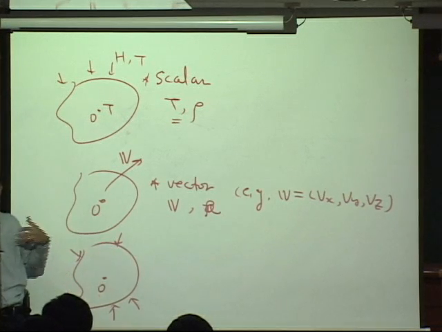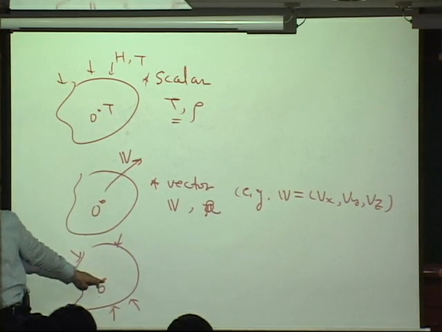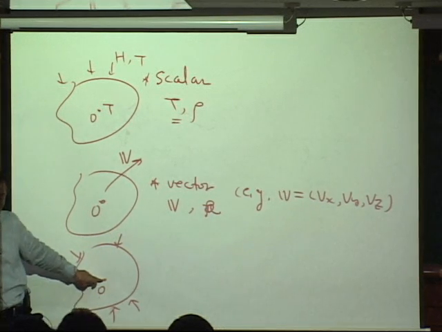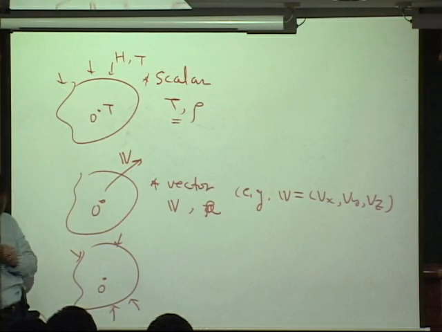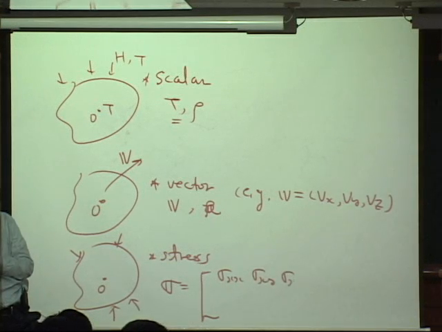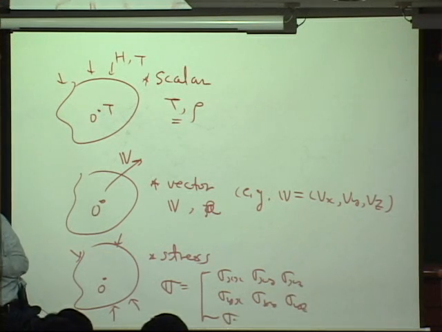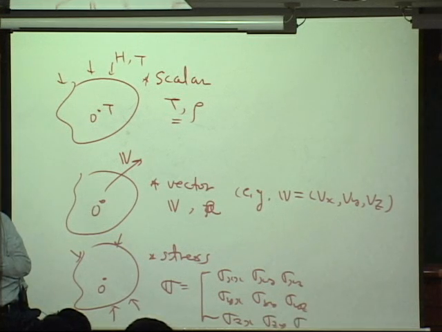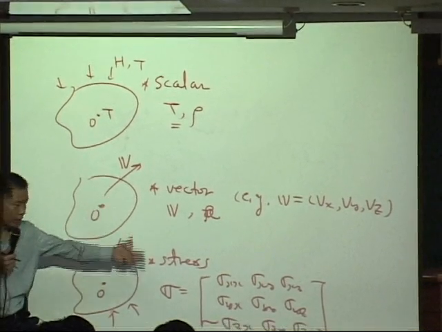This body is subject to external load, then internal forces are developed, and those internal forces will vary from point to point. So again, if I ask what's the stress at a point O, the answer will be 9 components.